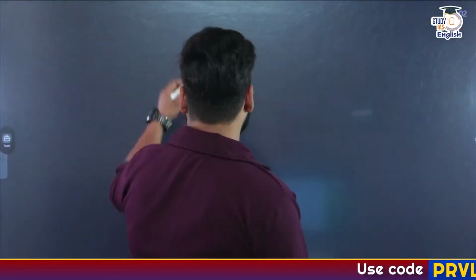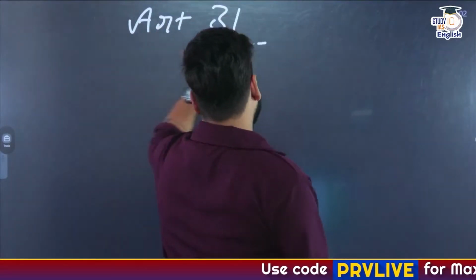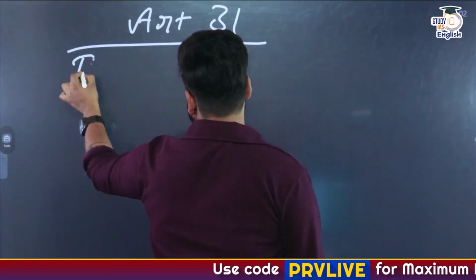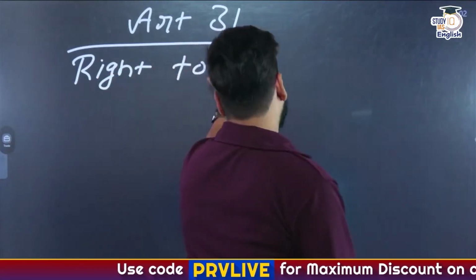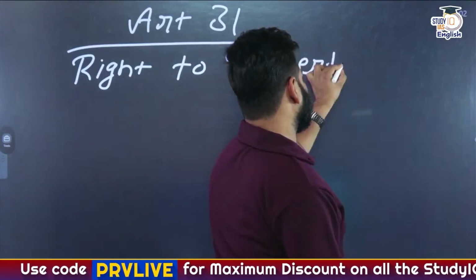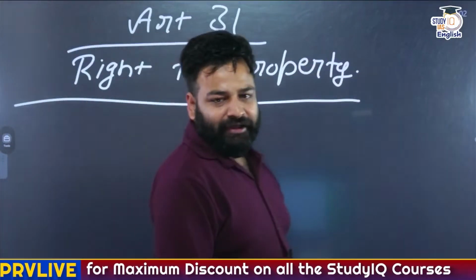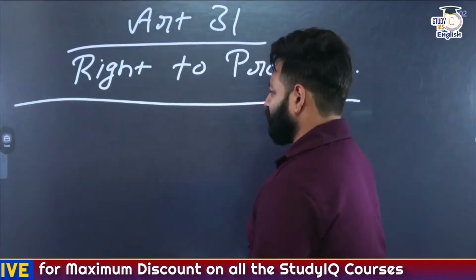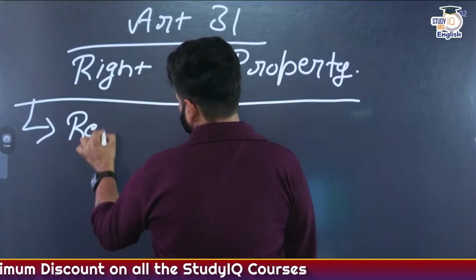Article 31 was there as the right to property. It was. It is not. It is now repealed. Repealed through what?